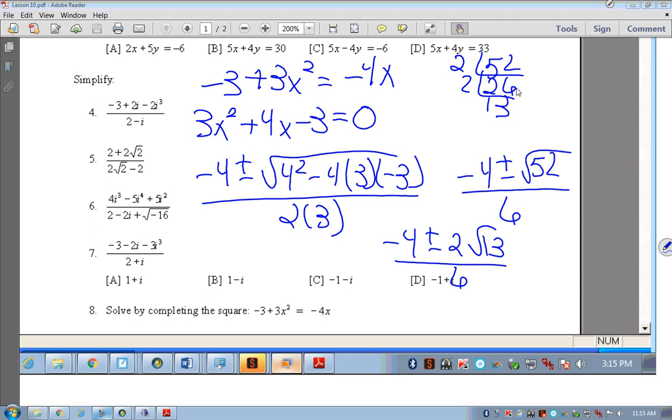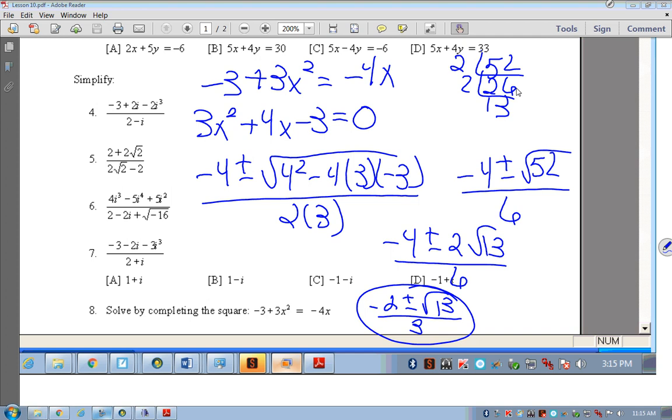So that's all going to reduce to negative 2 plus or minus radical 13 over 3 is what you get there. Like I said, I don't like these because they don't lend themselves easily towards actually completing the square to solve them. But if you want good illustrations on completing the square, page 79 does a good job of it.